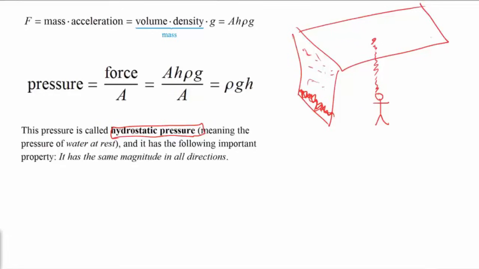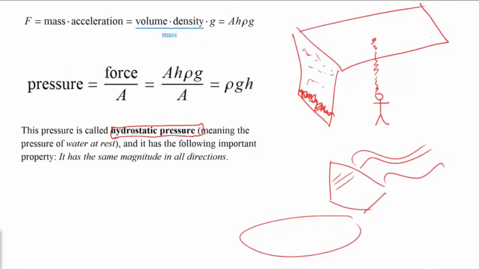Another example of where this happens a lot is a dam. So if you have a dam, and here's your river behind it, here's your lake at the bottom, all that water is leaning against that dam, and so that's a lot of hydrostatic pressure. Okay, so here we can see that we know force is mass times acceleration, and mass is volume times density times gravity.